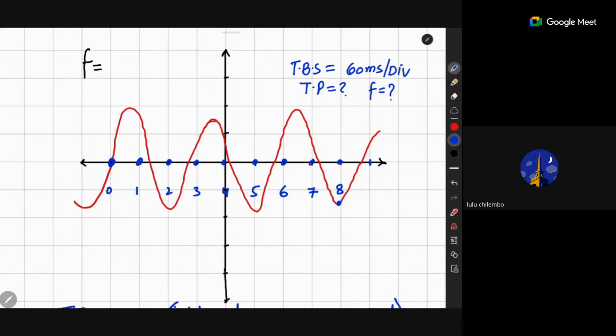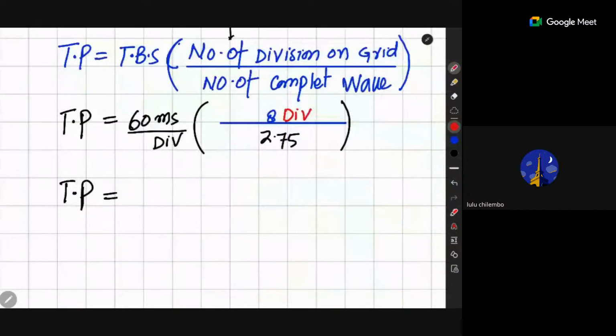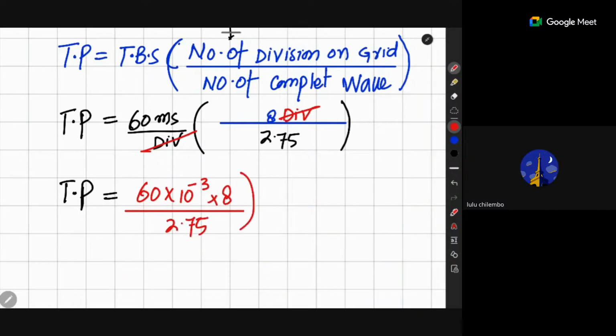And what is the total number of waves? 2.75, because it will not have any unit, since this is a number. So your result will be 60 into 10 to the power minus 3 into 8 divided by 2.75.